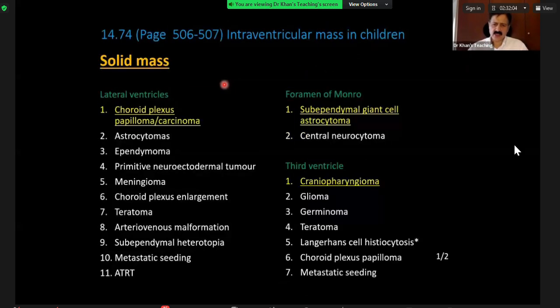And as far as the foramen of Monro is concerned, it has specific differential diagnoses: subependymal giant cell astrocytoma and central neurocytoma. So we will revisit these. Many of these can be seen in adults also, and there are fewer changes in this category as far as peds and adults are concerned.